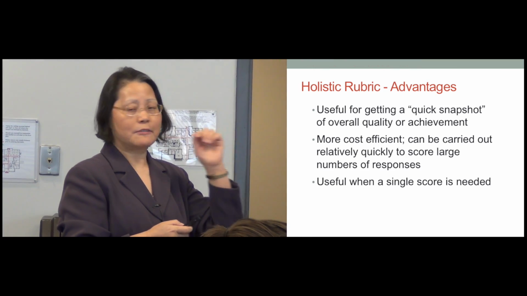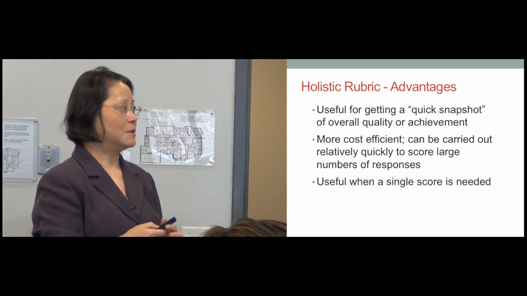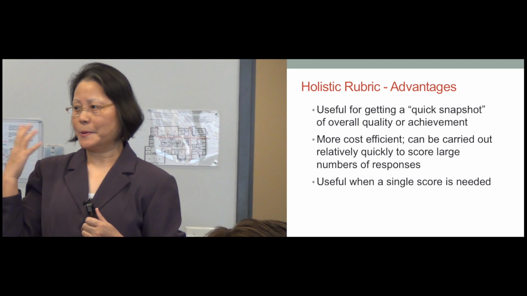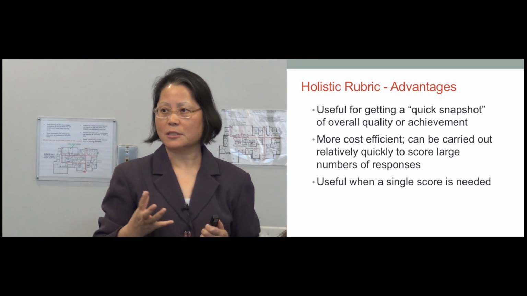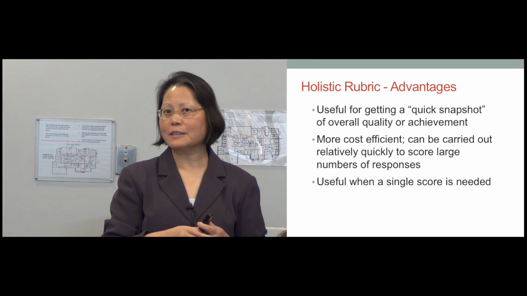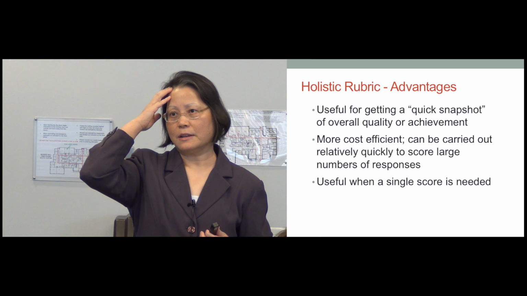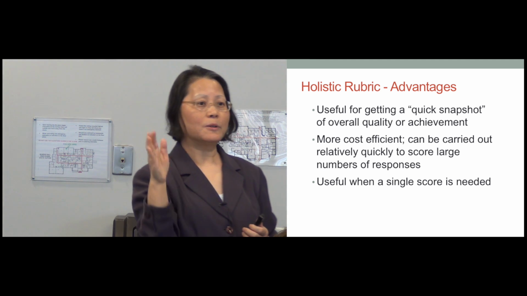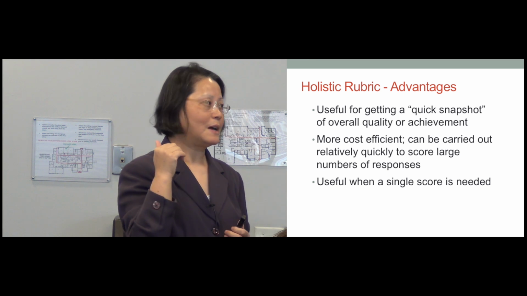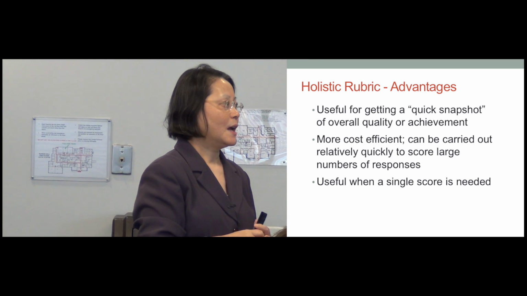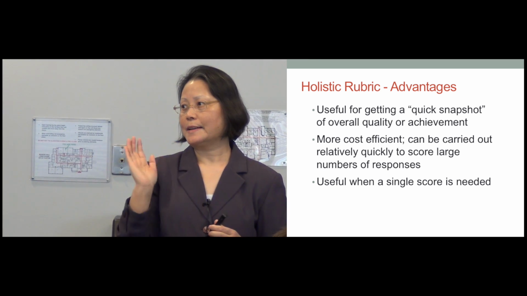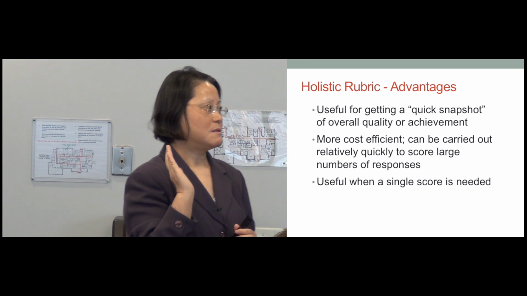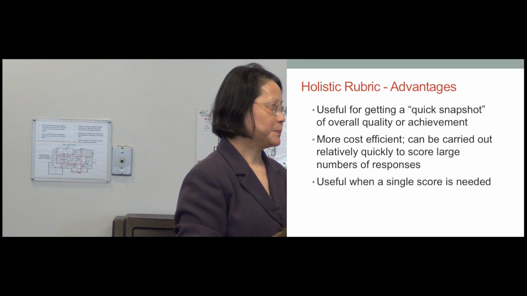And the advantage of the holistic rubric is that you can get a quick snapshot of how students perform. In this case, if students get a level 3, you say overall students perform perfectly and meet all those criteria and characteristics. So you can get a quick idea about how the students performed.